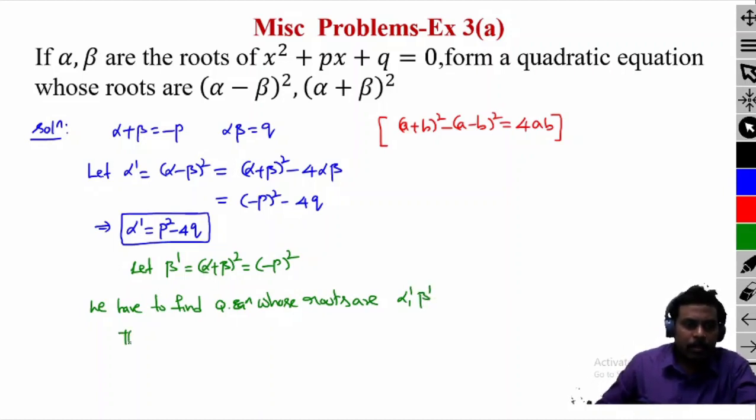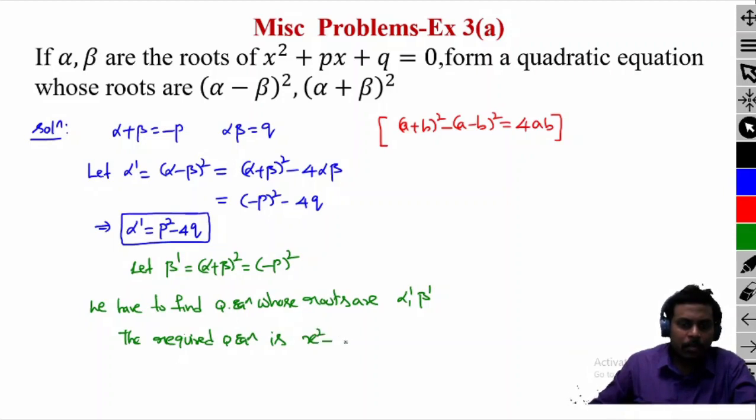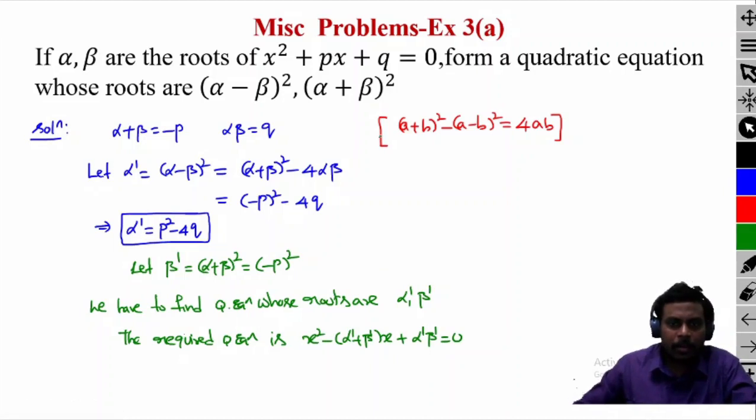So the required quadratic equation is x square minus of alpha dash plus beta dash into x plus alpha dash beta dash is equal to 0. Now in order to find this quantity we need to find these two, namely alpha dash plus beta dash. What is alpha dash plus beta dash?